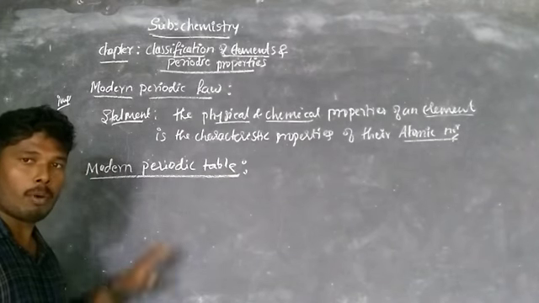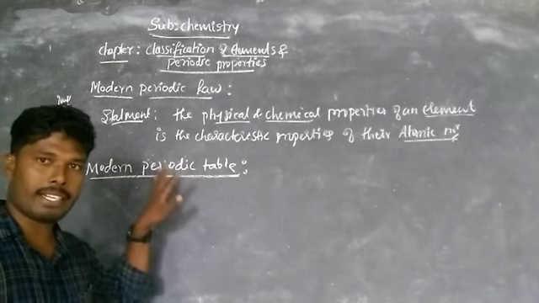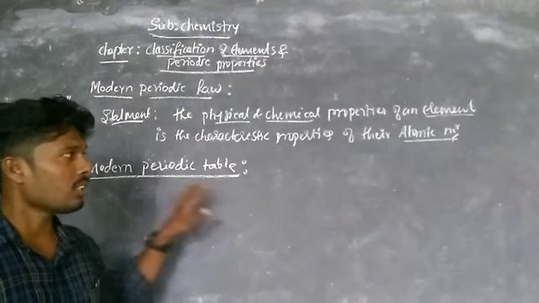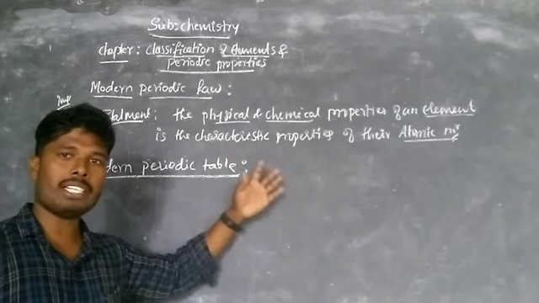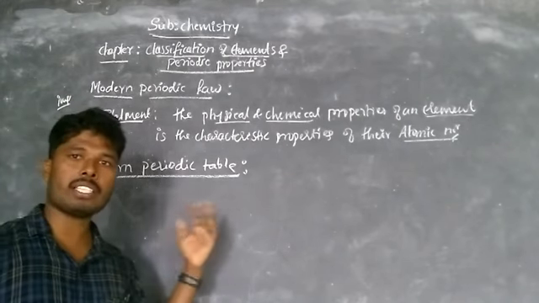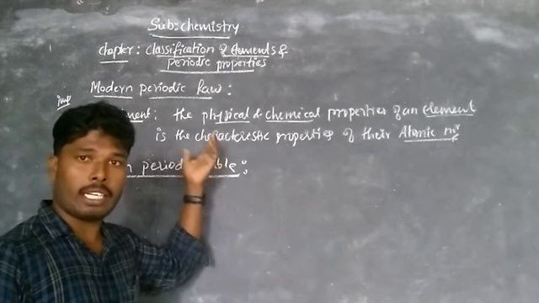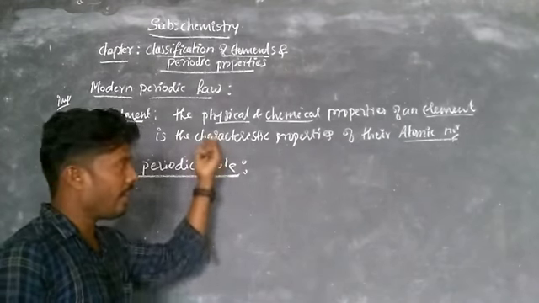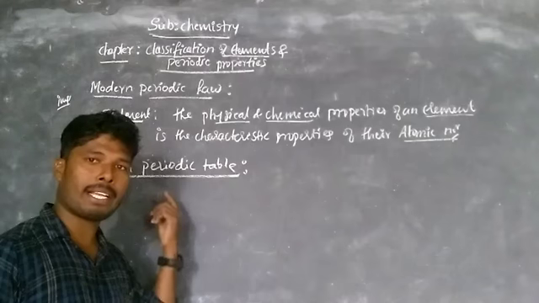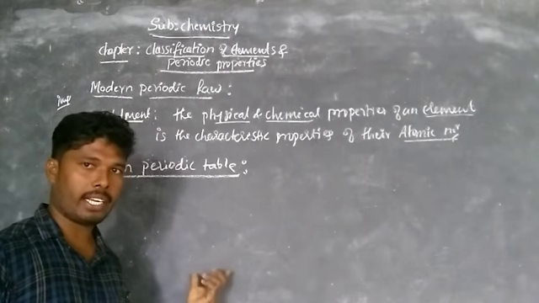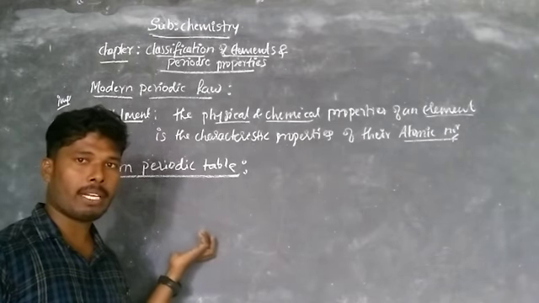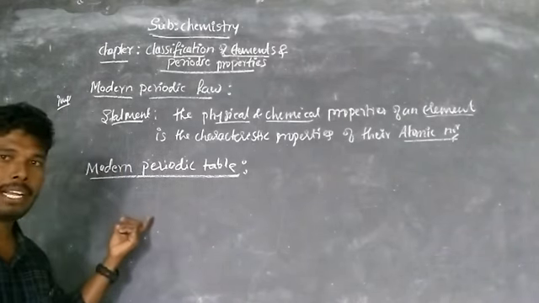So the modern periodic table is a table in which the elements are arranged in increasing order of their atomic number, and the chemical and physical properties of each group remain the same, not varied.